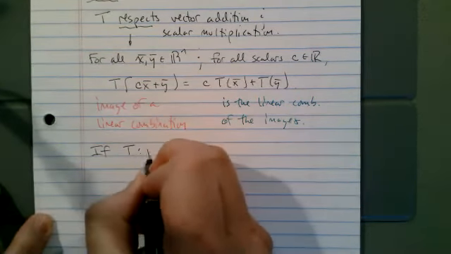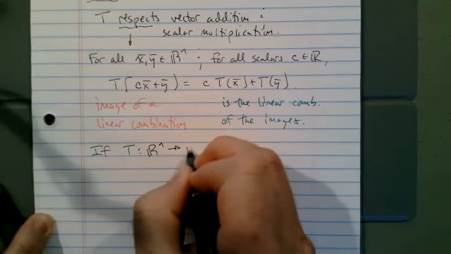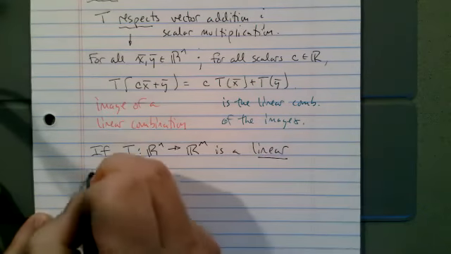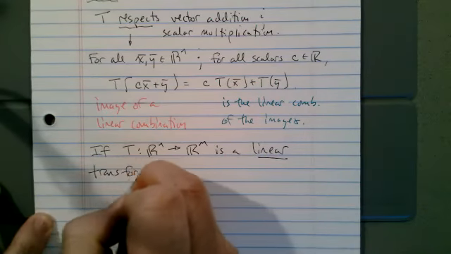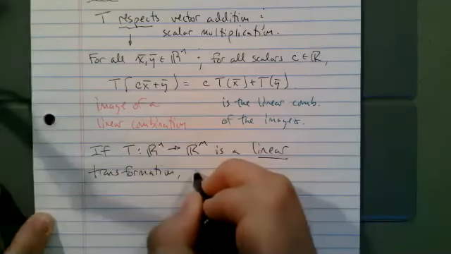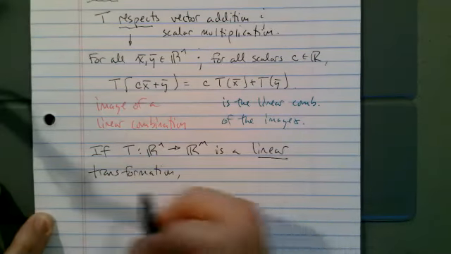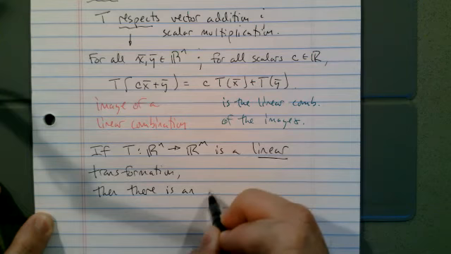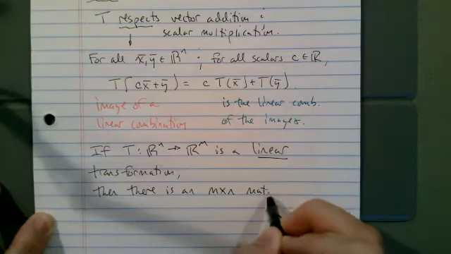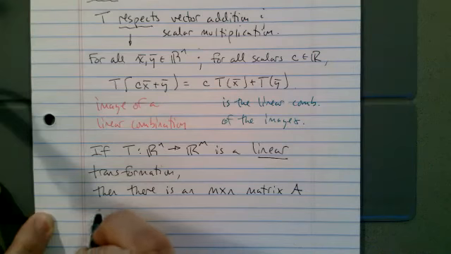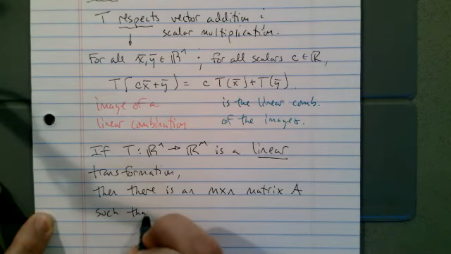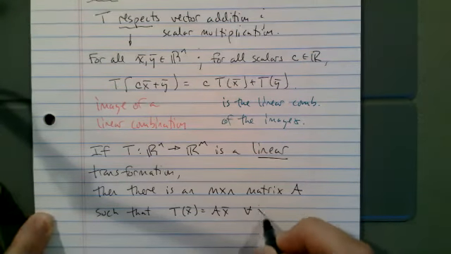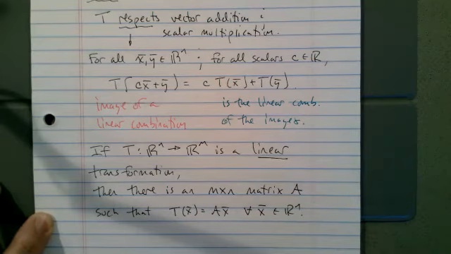If T mapping Rn to Rm is a linear transformation, then there is an m by n matrix A such that T of x is just A times x for all x in Rn.